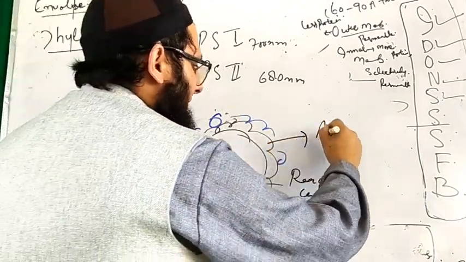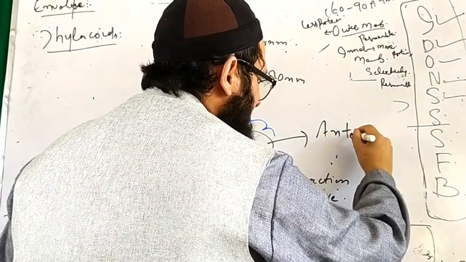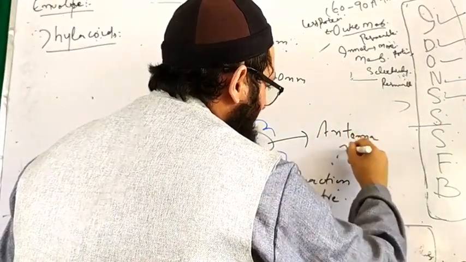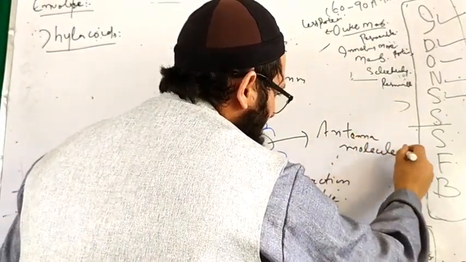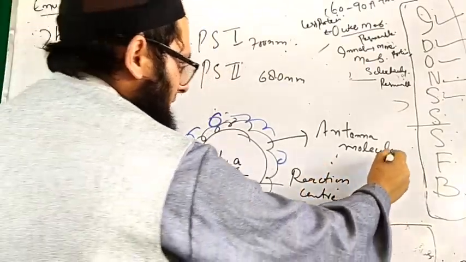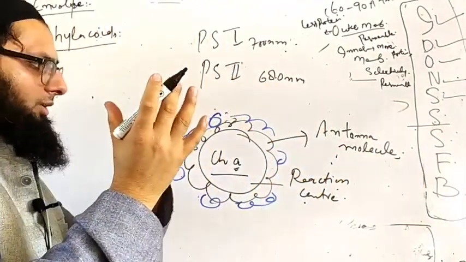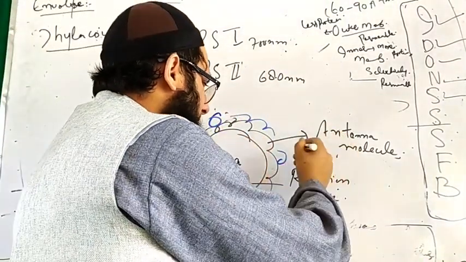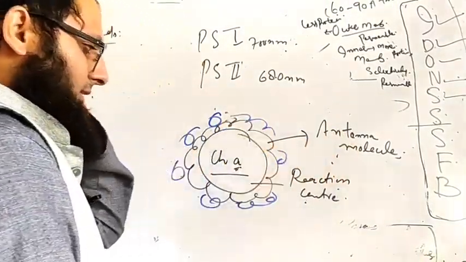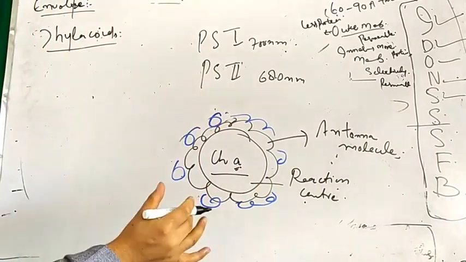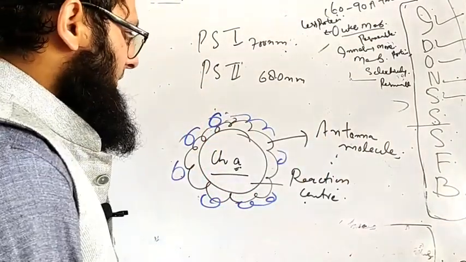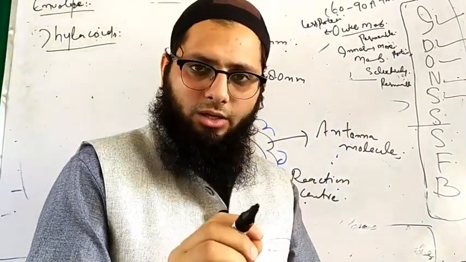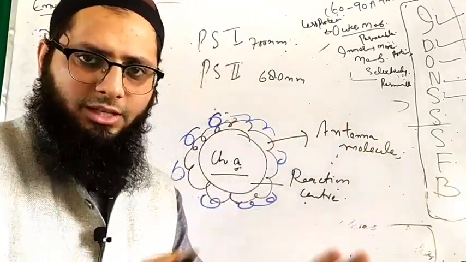These we call antenna molecules. These antenna molecules will trap the solar light and transfer the energy to chlorophyll A, the reaction center, from where the reaction will start, which we will discuss when we talk about photosynthesis in detail.